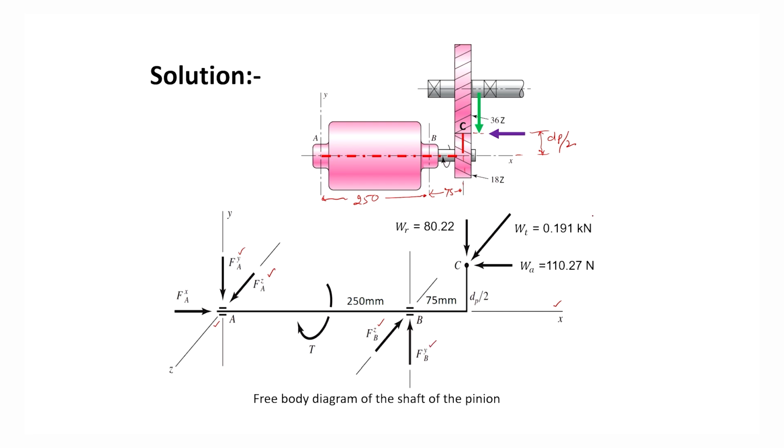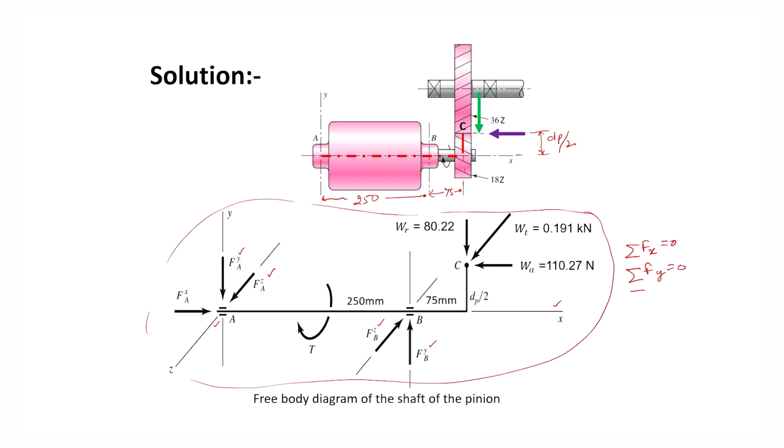So, with this free body diagram, now we will apply the static equilibrium equations. That means the summation of all forces in the direction of x should be 0, the summation of all forces in the direction of y should be 0, the summation of all forces in the direction of z should be 0, and we can take the moment about the z axis or the y axis, which should be 0.